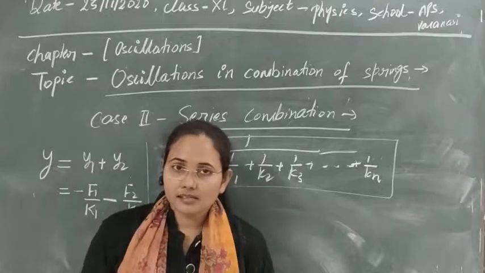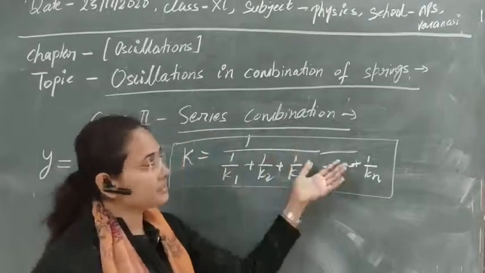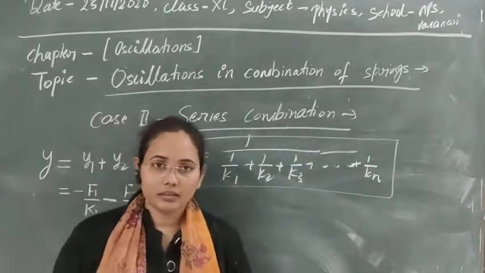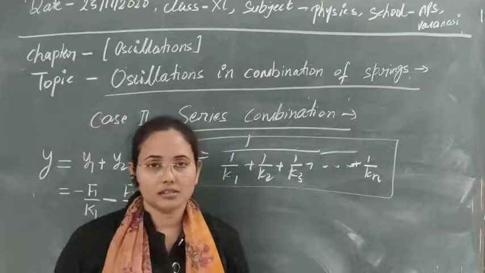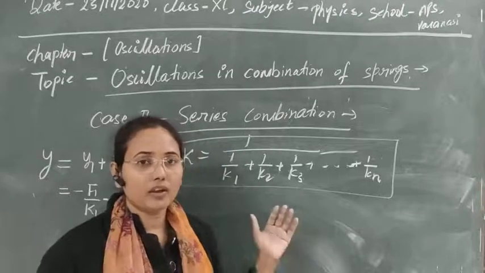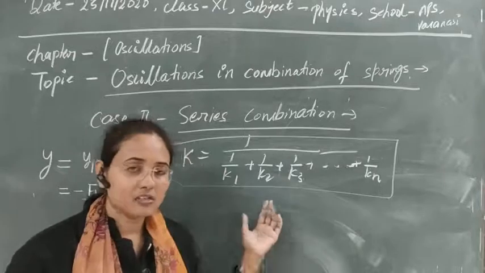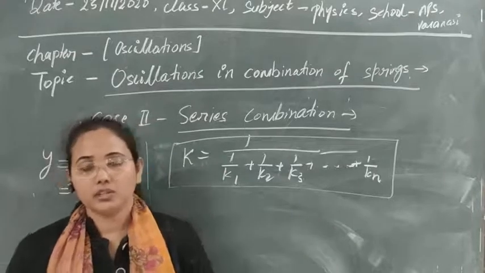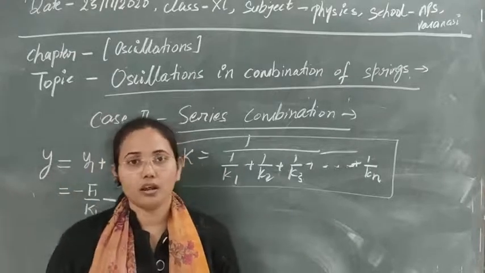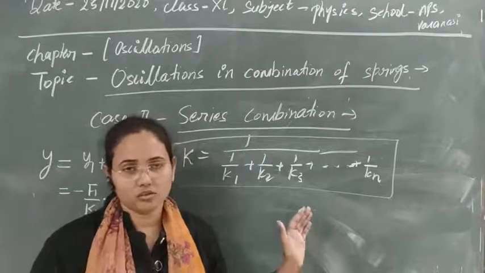I think what was discussed here is clear to you: how to understand the ways of combining springs, what happens to the oscillations, what the time period and frequency are, and how to calculate them.